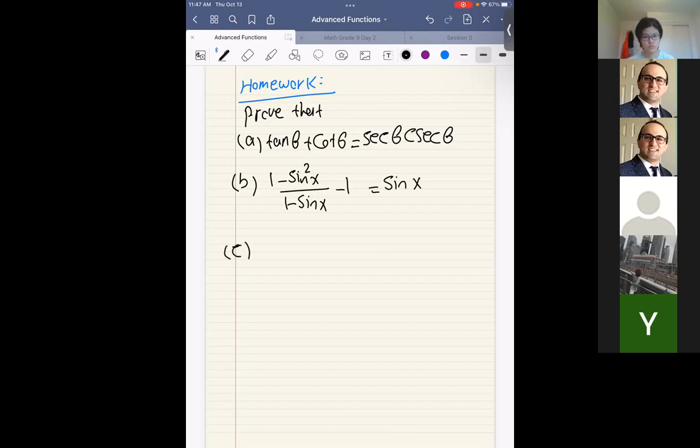Please write these questions. It's your homework. Not graph, just prove these identities. You have to prove these identities.